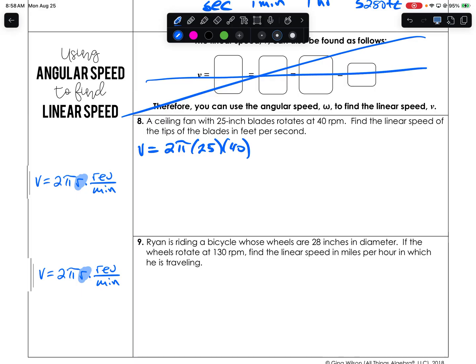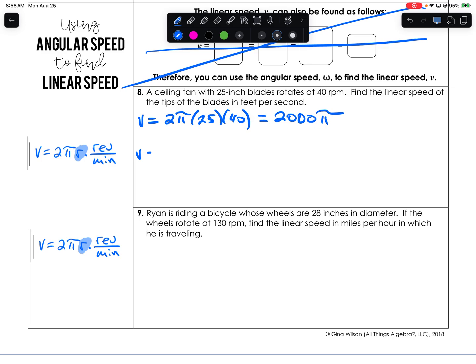And we get 2,000 pi. Then we multiply that pi in there and we get 6283.2. And that is in inches per minute, and we want to go to feet per second.